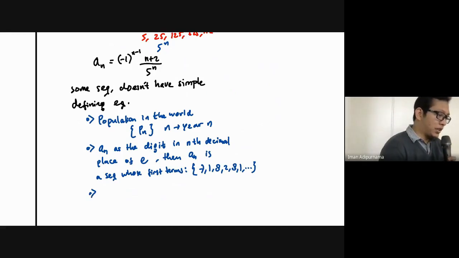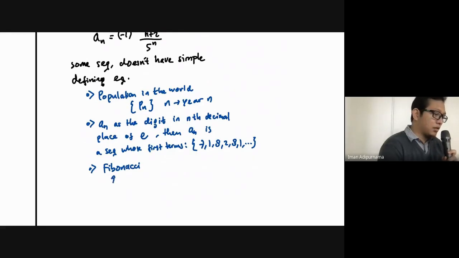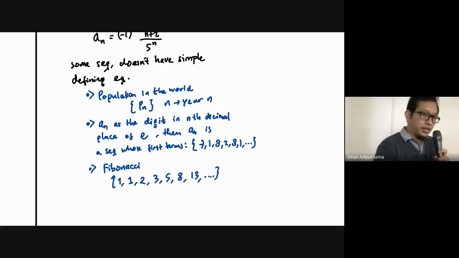The third one is, I think, the famous one that you learned the first time you heard about sequences. It's the Fibonacci, right? It starts from 1. And it has a definition.